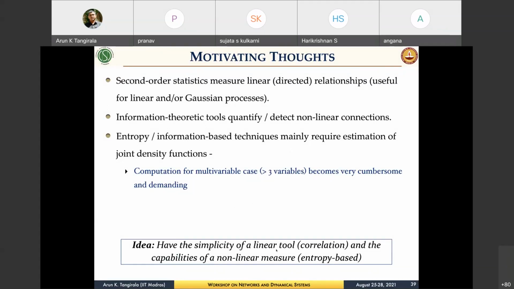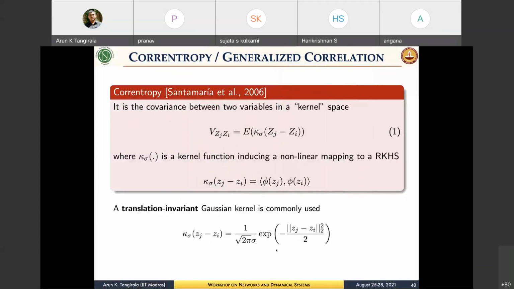That is what it is. And the main idea comes from a work by Santamaria in 2006, who proposed this function called correntropy. Essentially, it is an autocorrelation in the kernel space. That suffices for now. And we use a Gaussian kernel, a very popular kernel, to carry on.